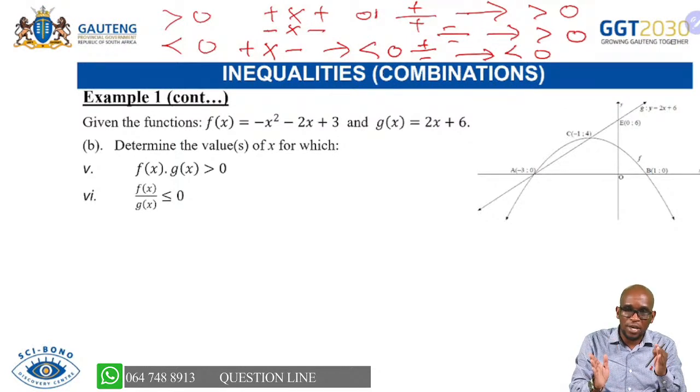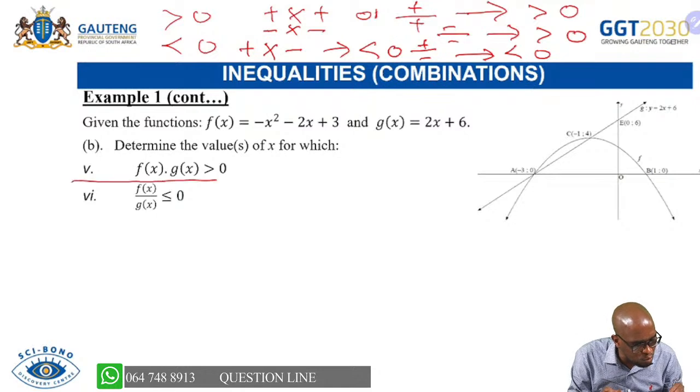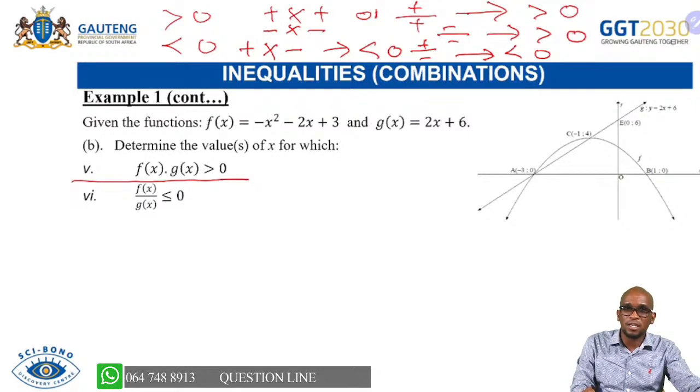You're going to be comparing, or rather combining, two functions. For example, if you check the first one, f of x times g of x is greater than 0. The combined effect of these two functions, f and g, should be positive. In the second one, the combined effect of these two functions, f and g, should be negative or 0.